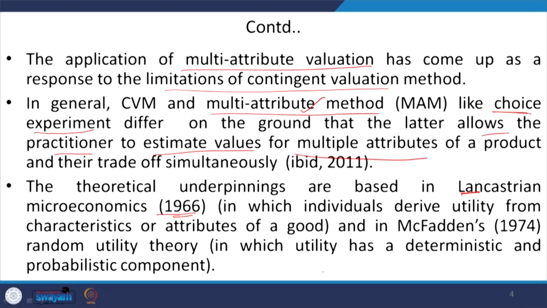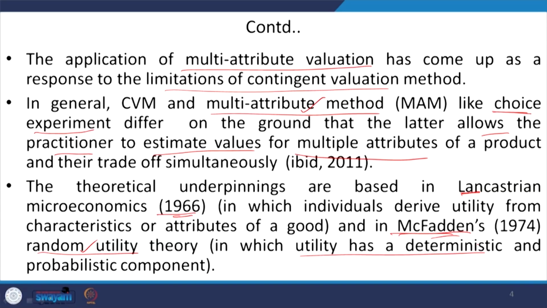And moreover, the multiple attribute valuation has also taken its theoretical backbone from the random utility theories, and McFadden got the Nobel because of his explanations under this random utility theory. In case of random utility theory, we are saying the utility has a deterministic and a probabilistic component.